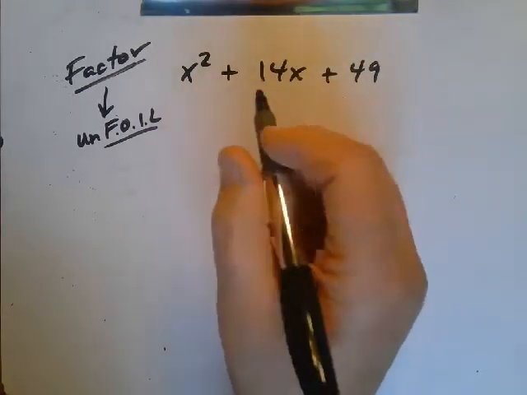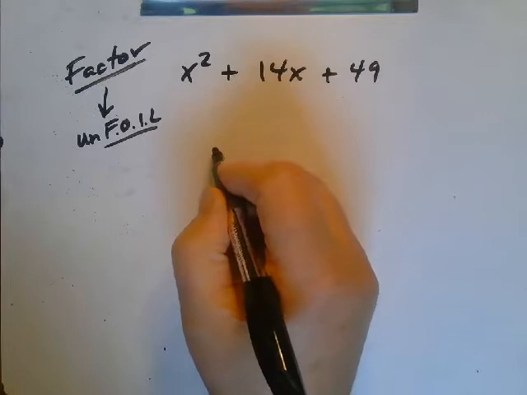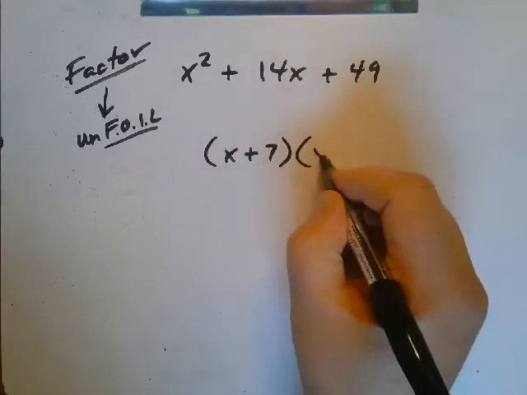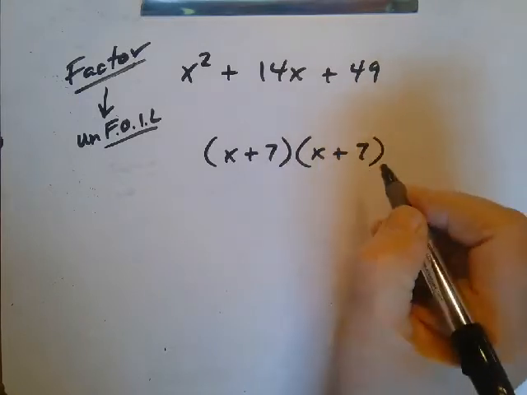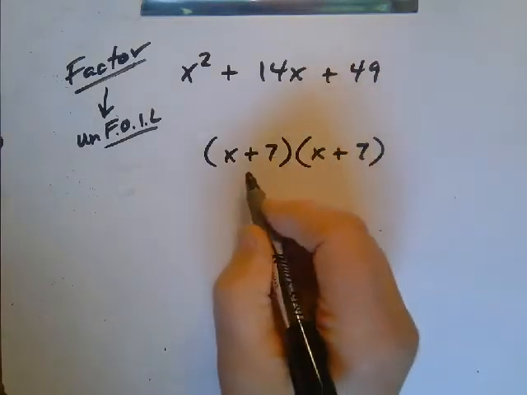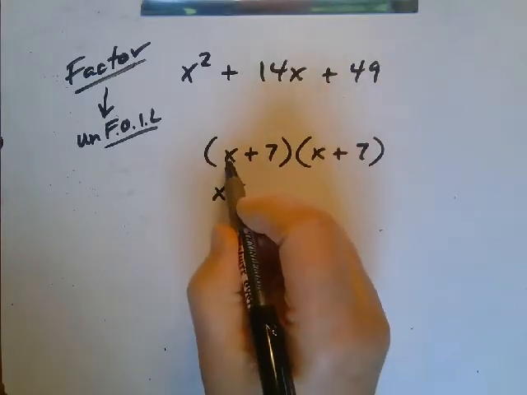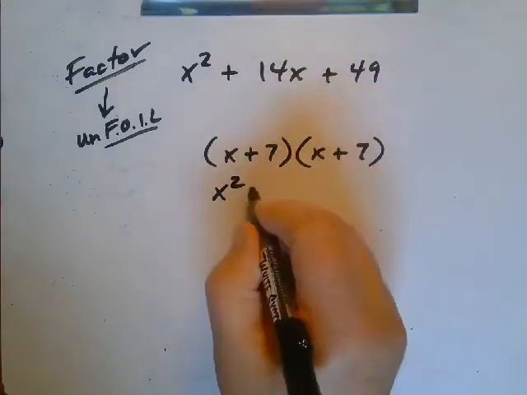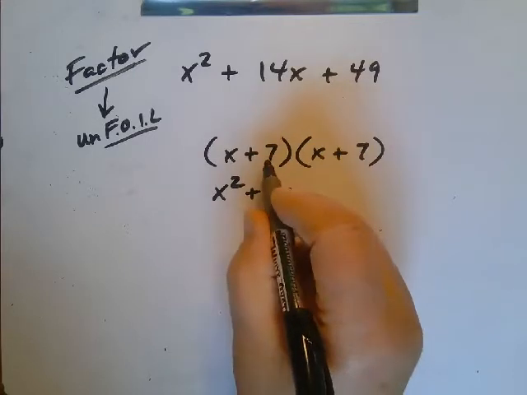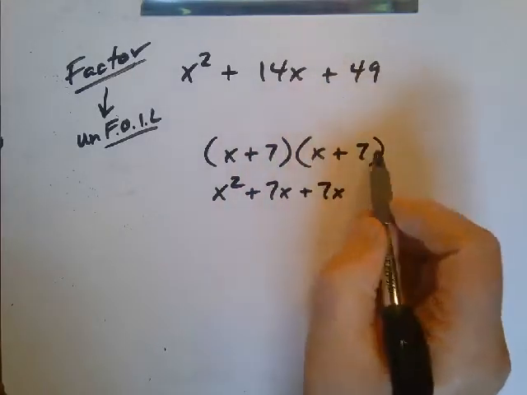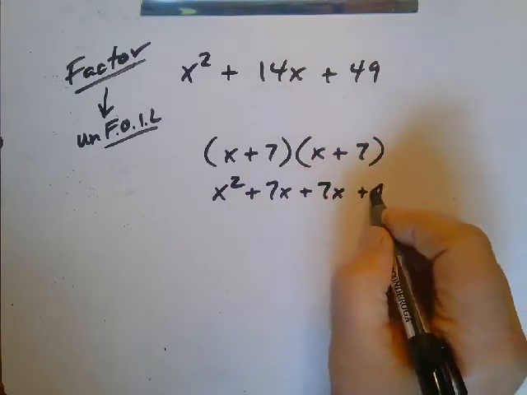And just to illustrate that, if I took something like x plus 7 and multiplied it times x plus 7 and foiled it, x times x is x squared. Outer terms 7 times x, inner terms 7 times x, and last terms is 49.